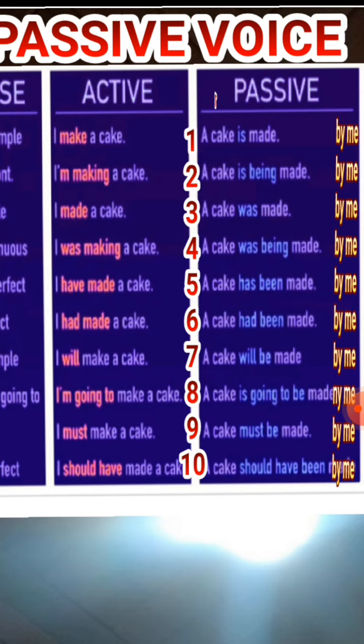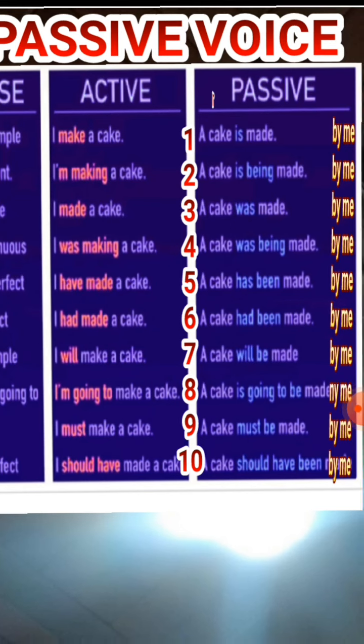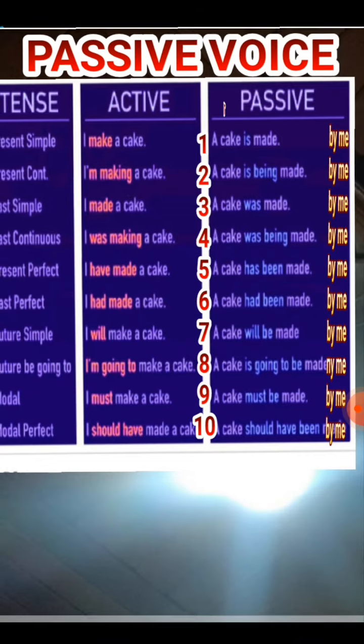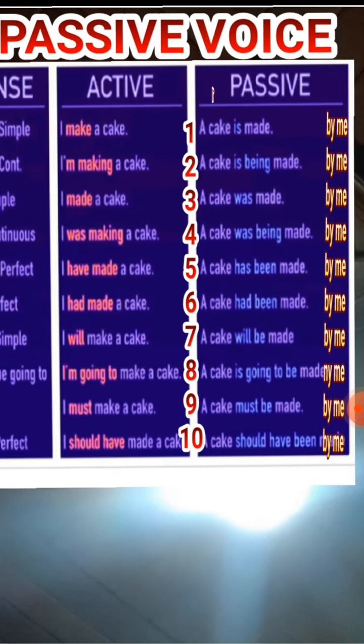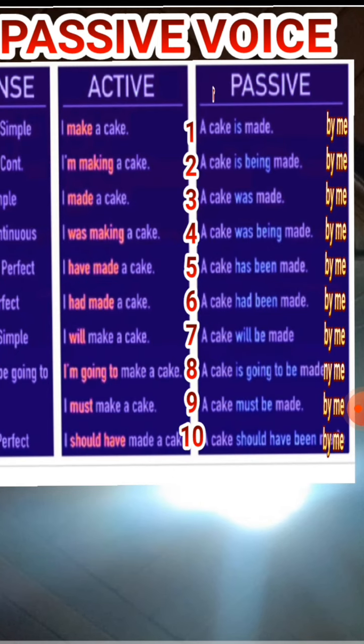I make a cake. In the passive voice, it becomes a cake is made by me. And then example number 2. I'm making a cake, in the form of present continuous.